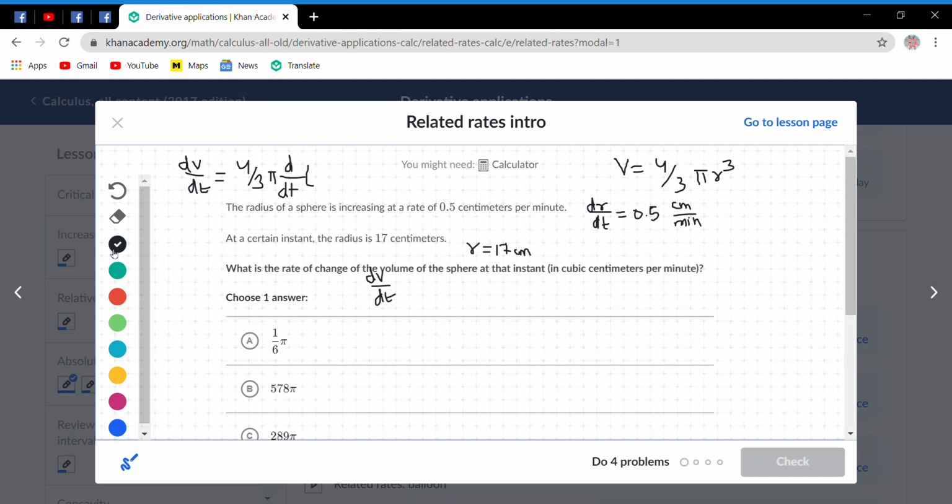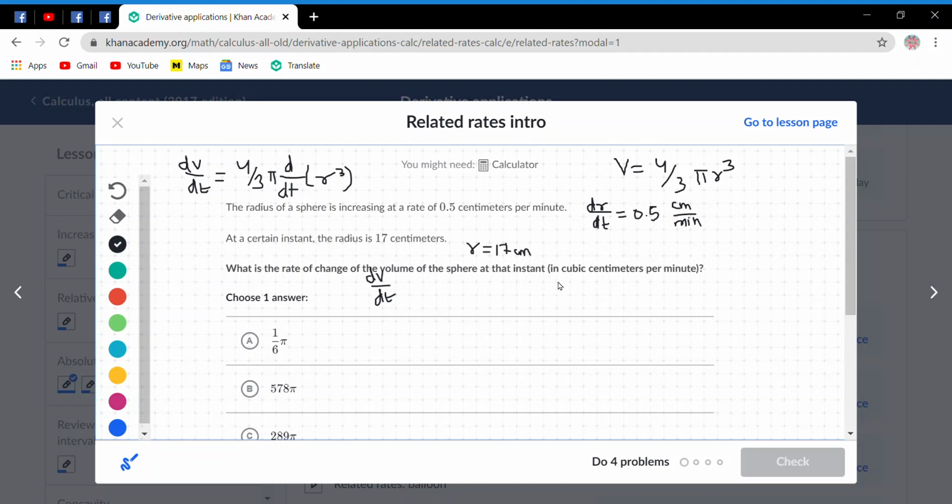So this is our dV over dt. These are constants, so we do not need them. So let's first take the derivative of r cubed with respect to r.